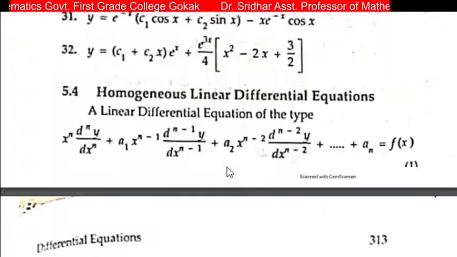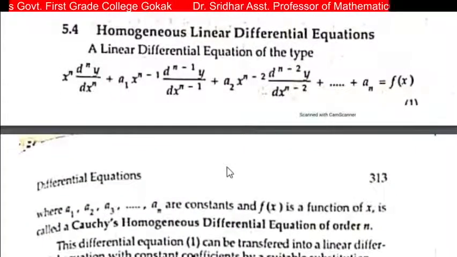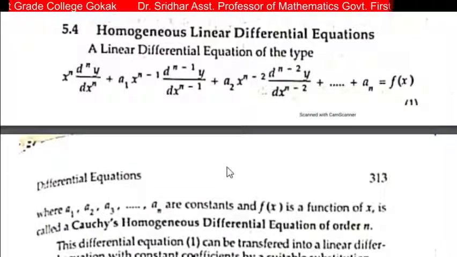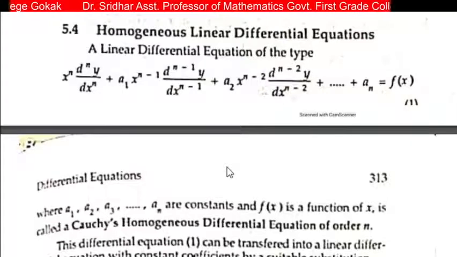Okay, so now we solve. Today we see what is Cauchy's homogeneous differential equation.